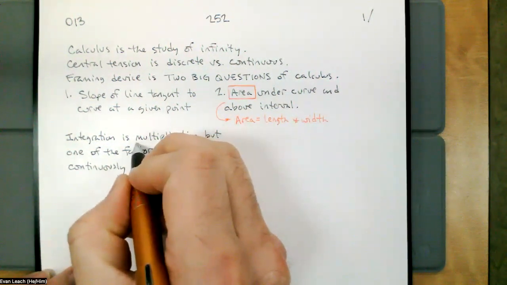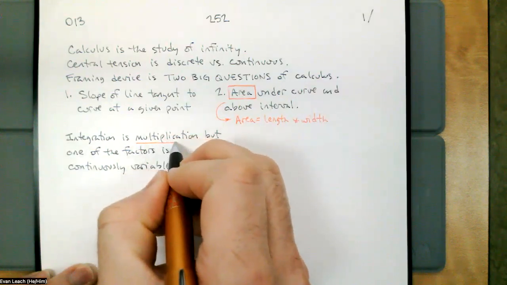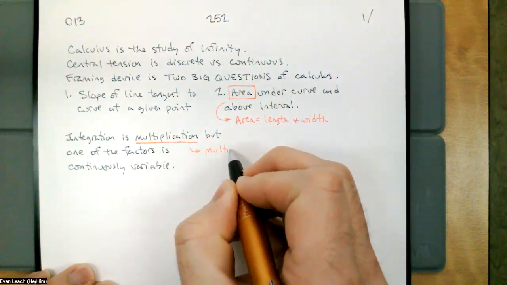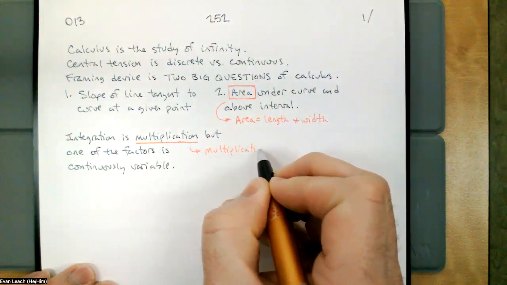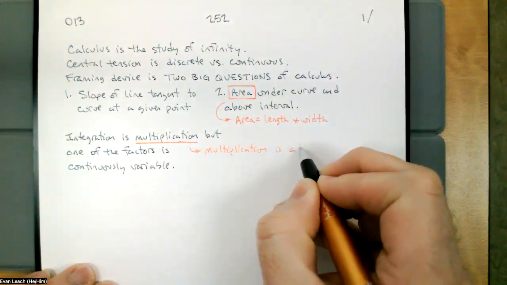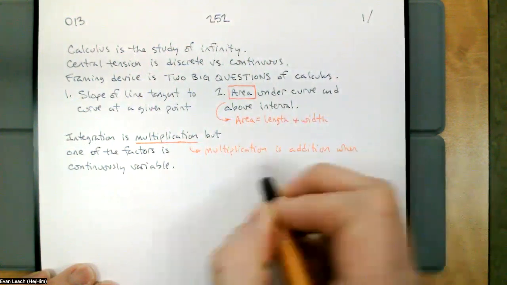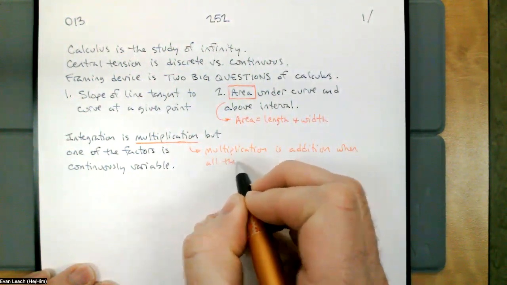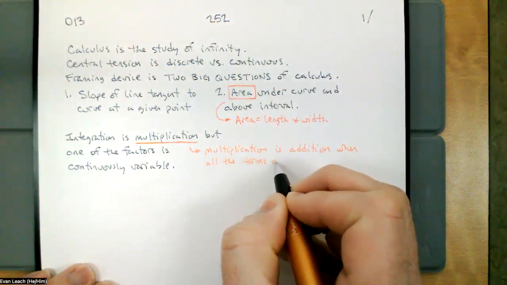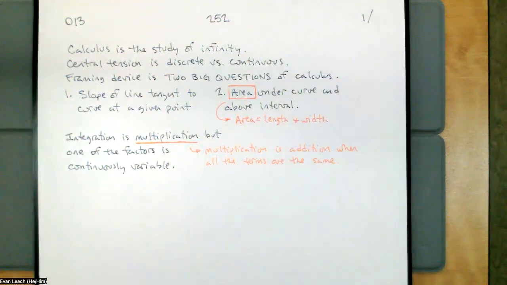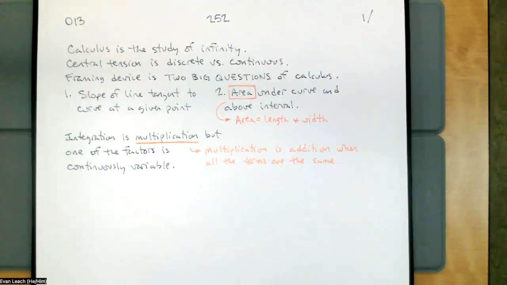Multiplication is our shortcut to addition when everything is the same.